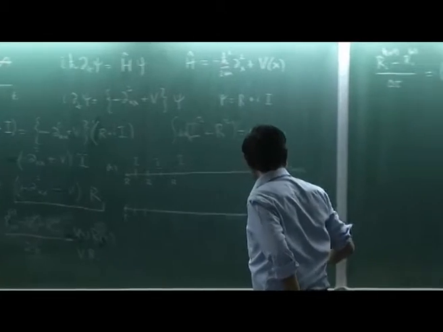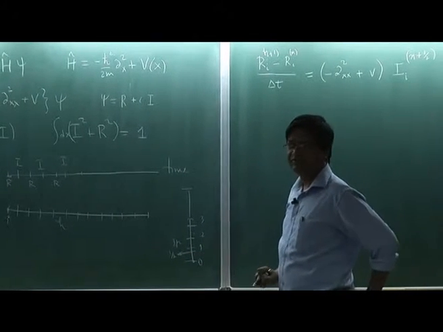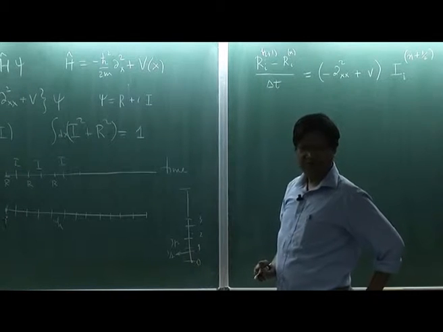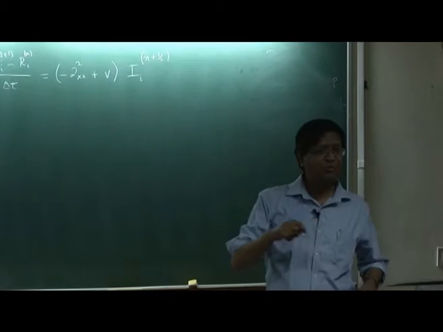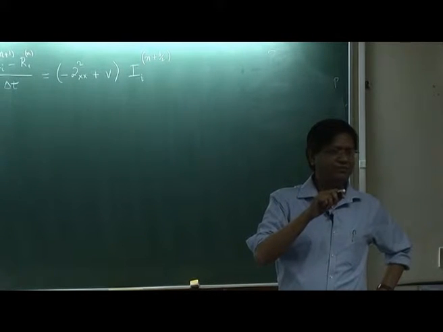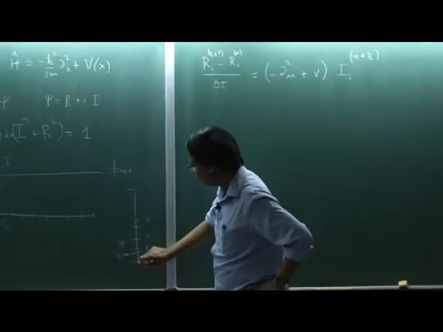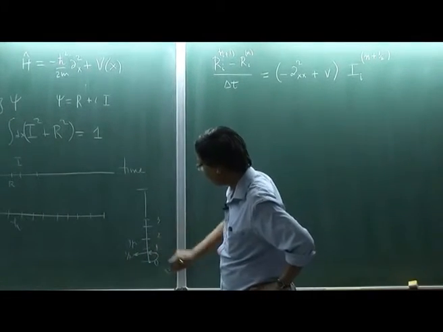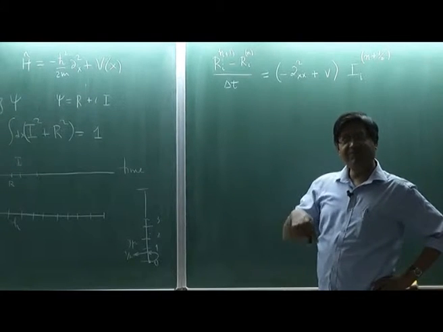In the first step I will be given the real and imaginary parts at t equal to 0. The wave function normally is given at some initial time, but I have to jump to half for the imaginary part. So use Euler to jump for the first time step.